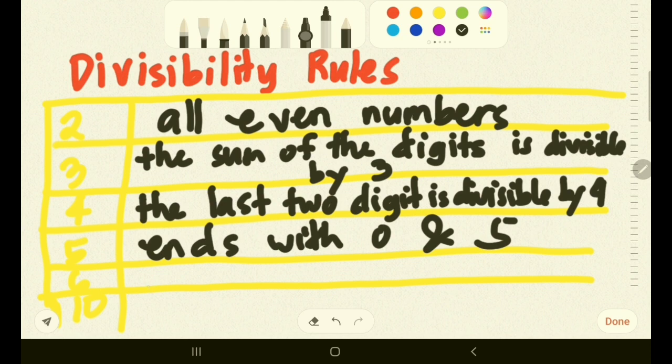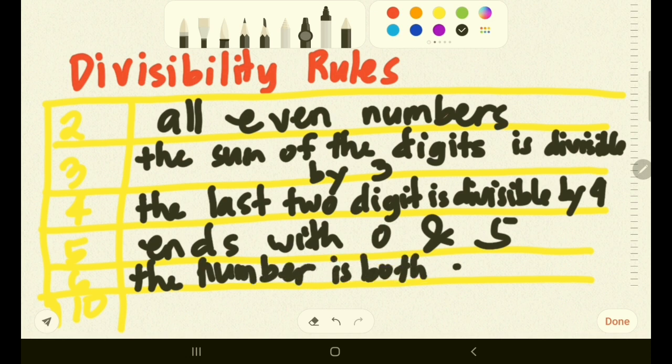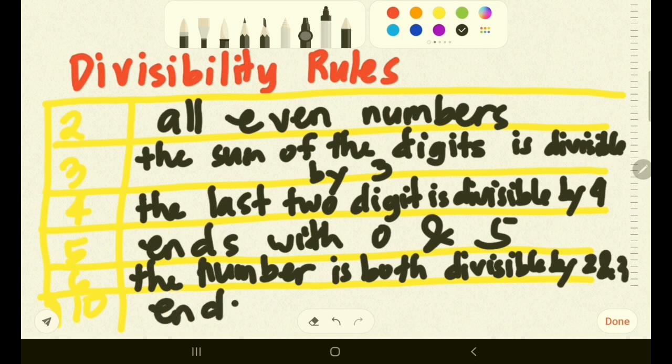How about 6? If the number is both divisible by 2 and 3. For 10, if the number ends with 0.